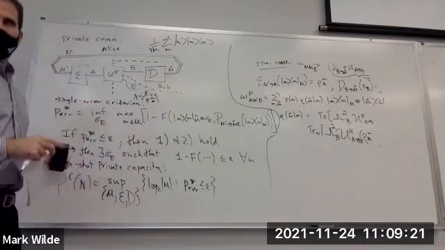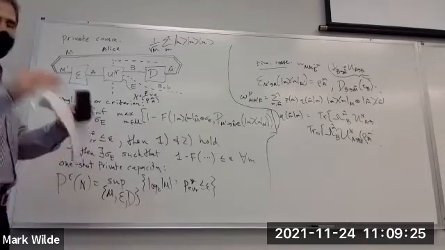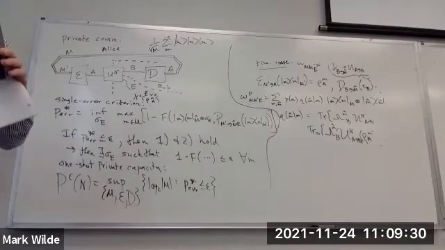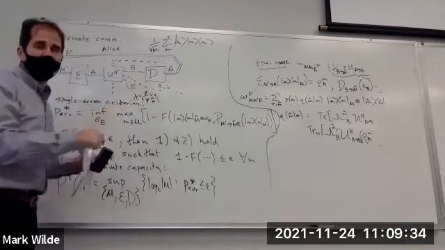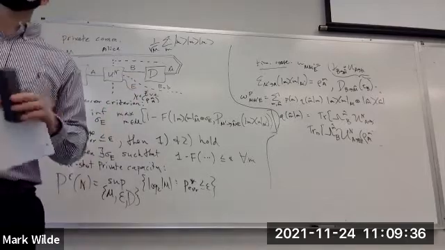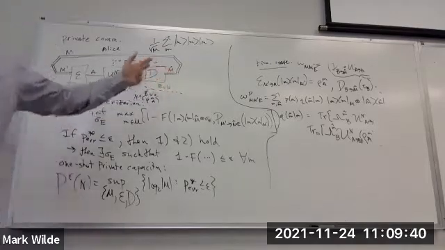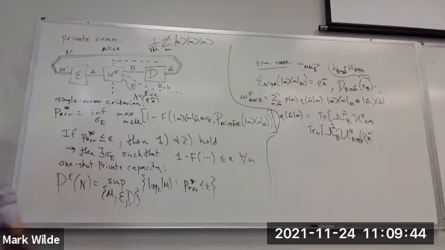Then you can go from the tripartite picture to a bipartite picture. Once you've purified everything, you can trace over Eve. You can change the goal of the protocol to generating something called a private state. A special example of a private state is a maximally entangled state.